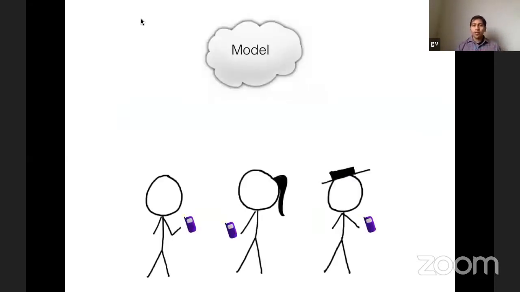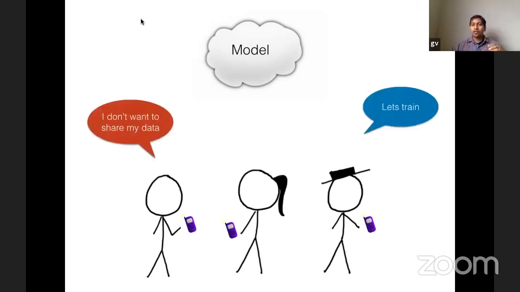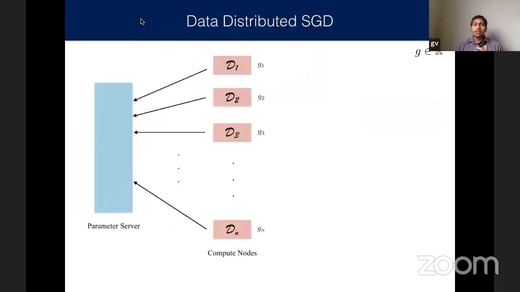Consider the following scenario. Assume you have a bunch of users who want to collaboratively train some global machine learning model without having to share their private data. Stochastic gradient descent is one widely used optimization subroutine used to train these large-scale models.